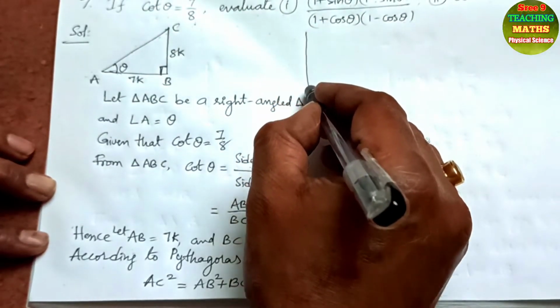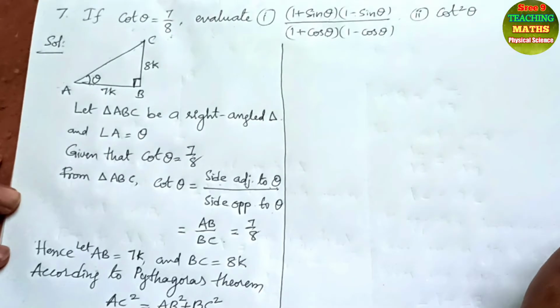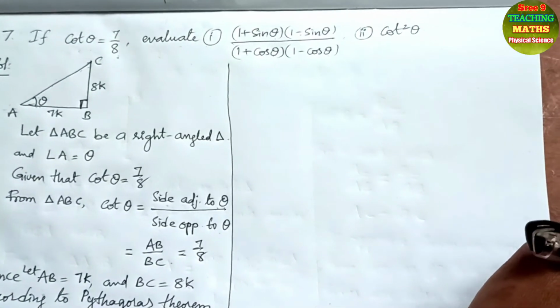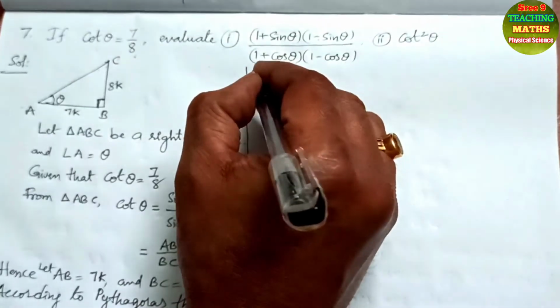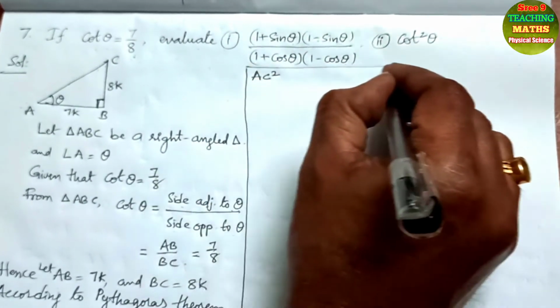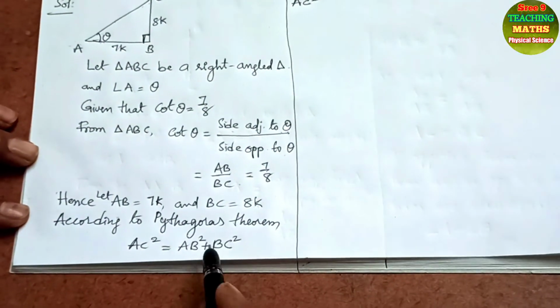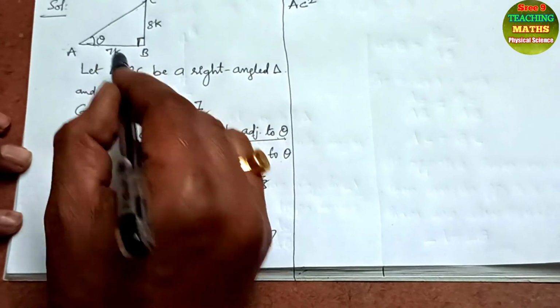So we do the remaining problem here. Do you understand? Yes. So listen carefully. Here AC square is equal to AB square plus BC square. We will substitute the values. What is AB?